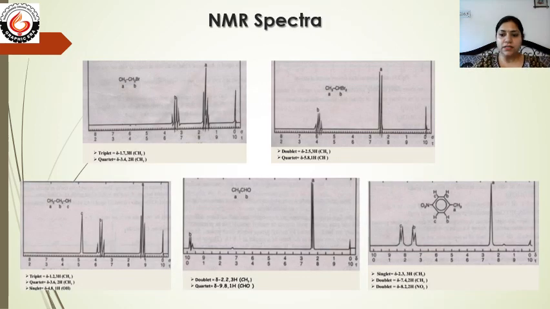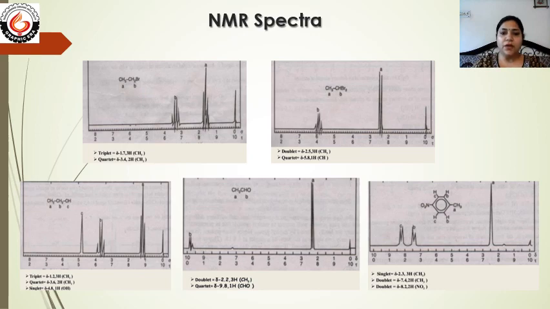In this slide we will discuss some NMR spectra, and with the help of these spectra, the theories we discussed for chemical shift and spin-spin coupling will become more clear. The first example is CH3CH2Br.